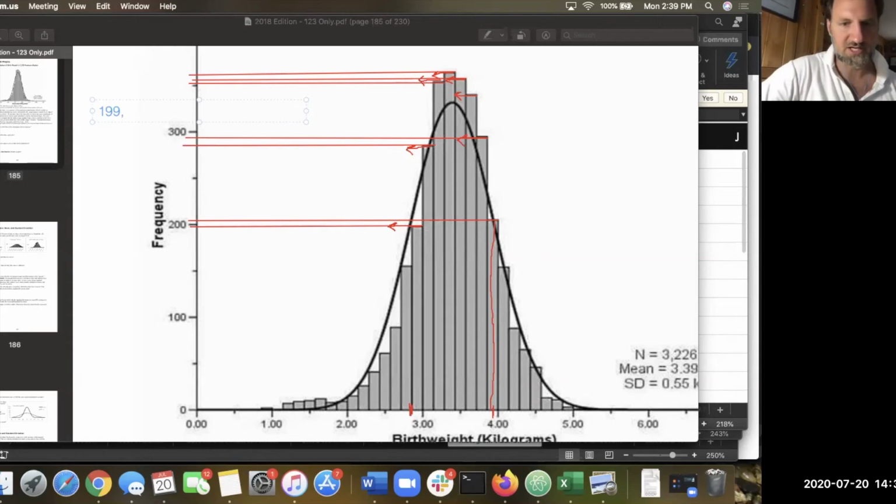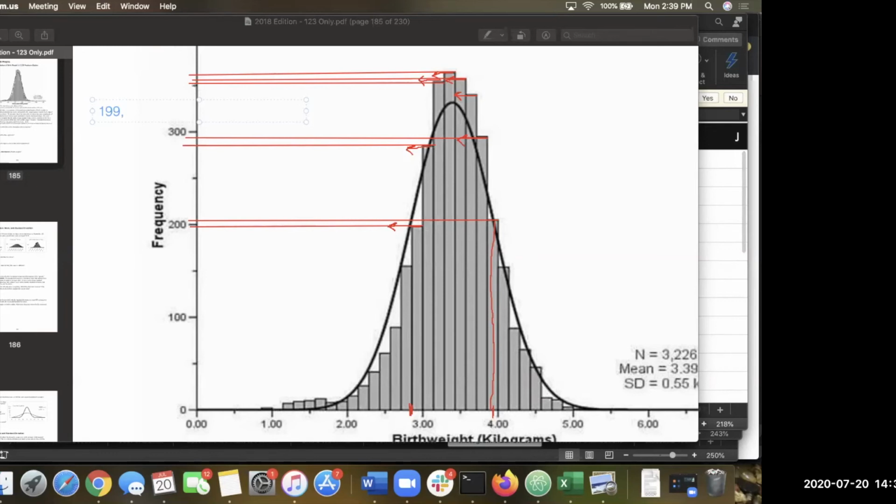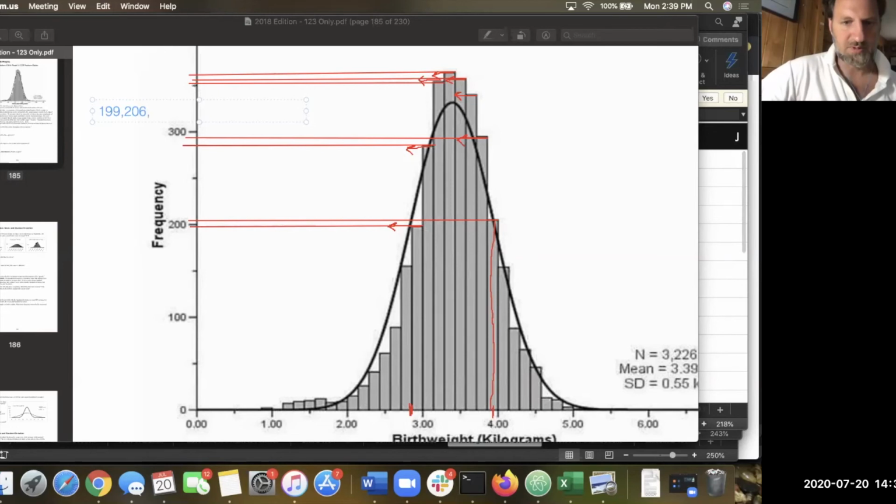What about the next number? 206. Okay. I'll take it. What about the next number? So now we're past 200, we're past 250, we're getting close to 300, but we're not there yet. What do you think the next number would be? 282.